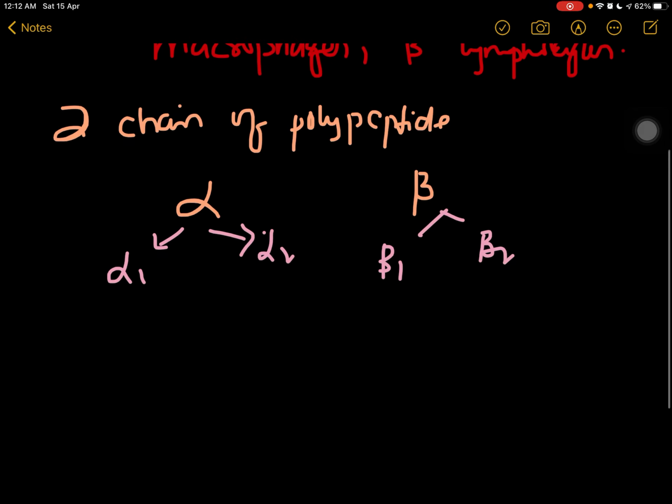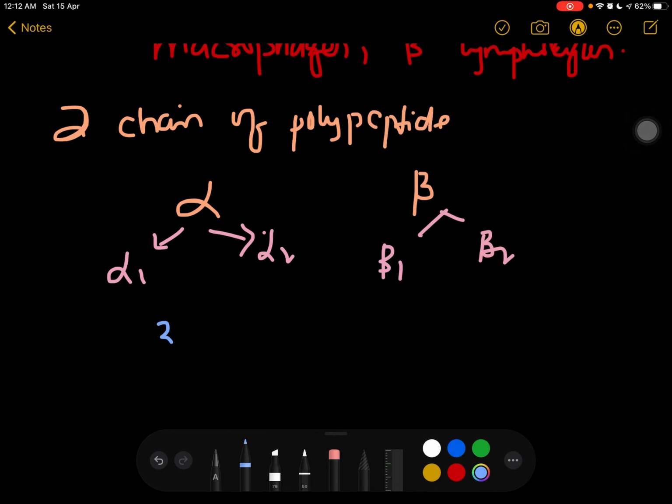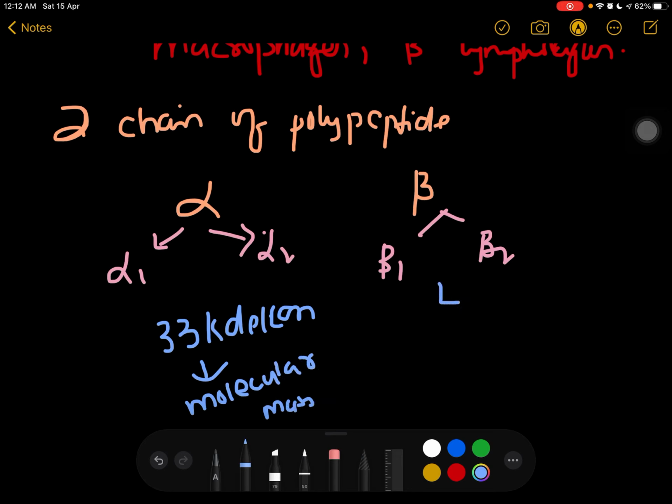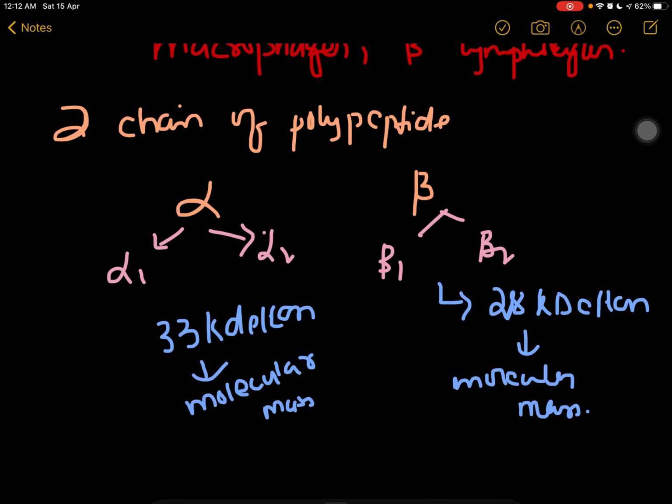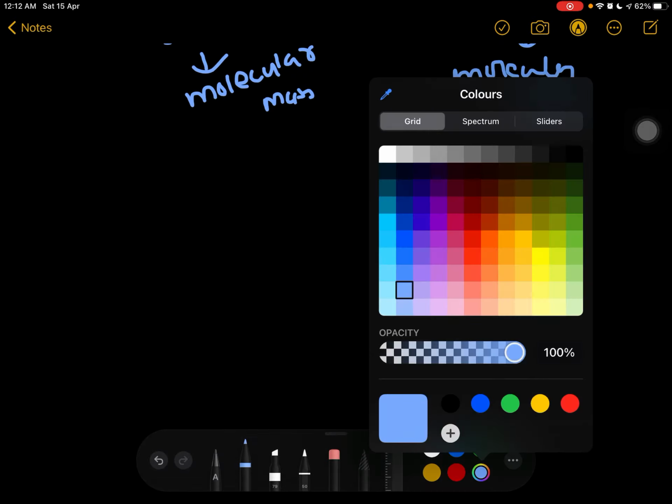If we talk about the molecular mass of these both, the mass of alpha is 33 kilodalton, and the mass of beta is 28 kilodalton, right? So now let's draw the structure of this MHC class 2.